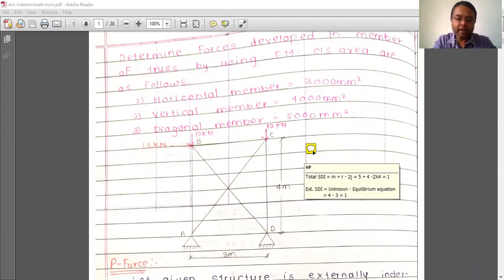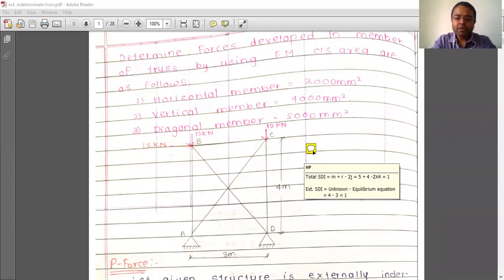Now come to the reactive components R. Here at support A and at support D, there is a hinge support. At a hinge support, there will exist 2 reactive components. So at A, a vertical force and a horizontal force, and at joint D, again a vertical force and a horizontal force.